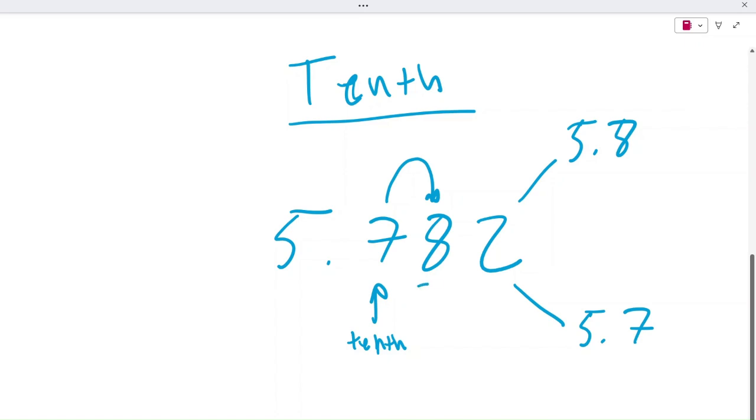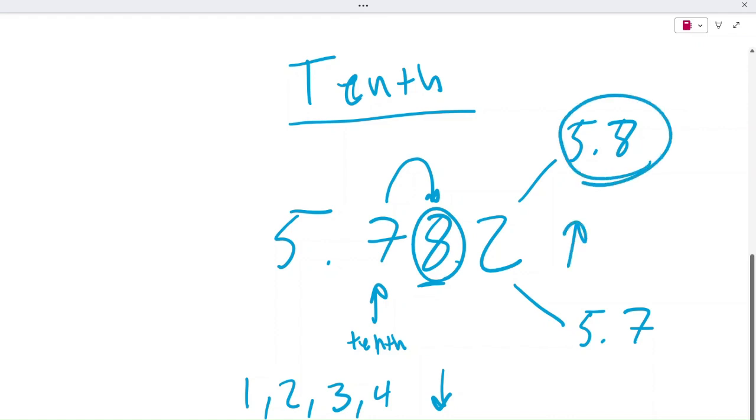If the element to the right is 1, 2, 3, or 4, we round down. If it's 5, 6, 7, 8, or 9, we round up. So for this example, 8, we will round up, and we get 5.8.